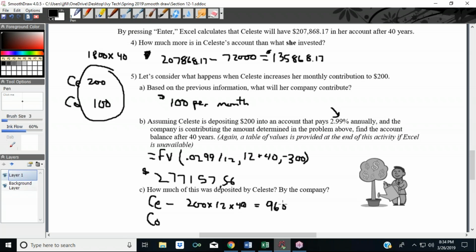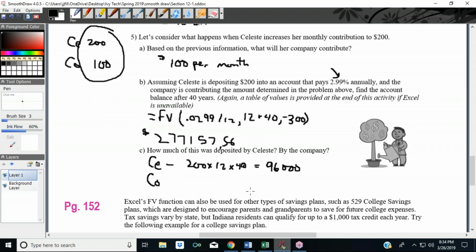Okay. And I'm reading the chat here. So Kayla says $96,000 by Celeste and $48,000 by the company. And again, remember the company is putting in half as much as Celeste, so we could do the 100 times 12 times 40, or we can just cut Celeste's in half.